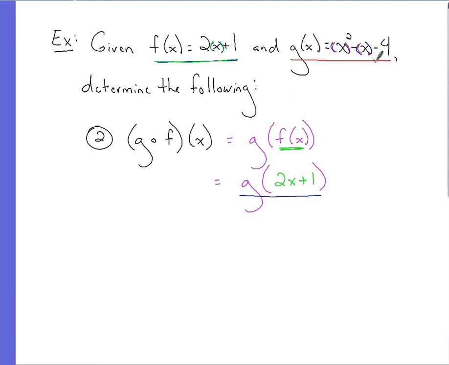There's all my x's in my function g. So I'm going to take 2x plus 1, replacing the x's up here. The first x would be squared.